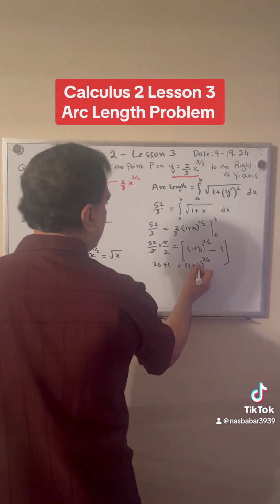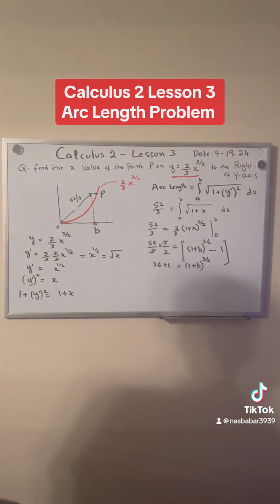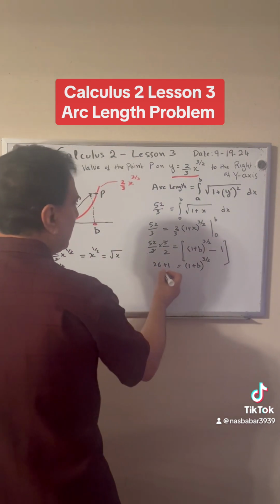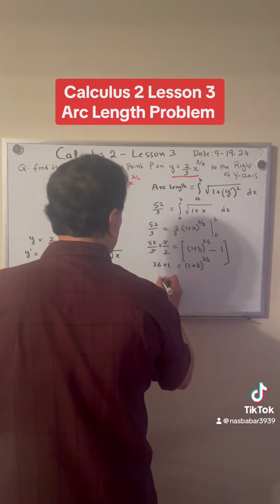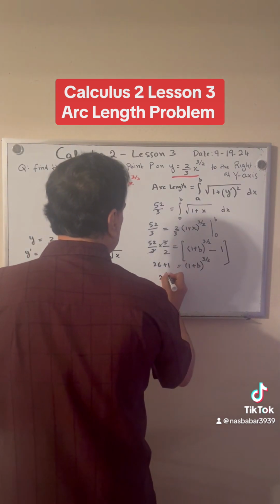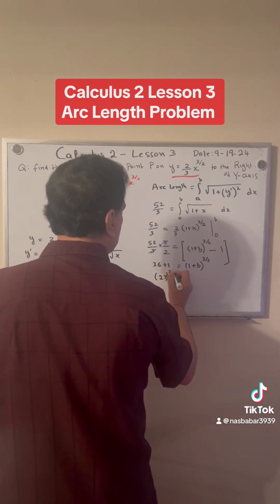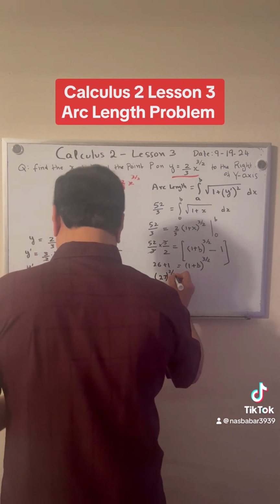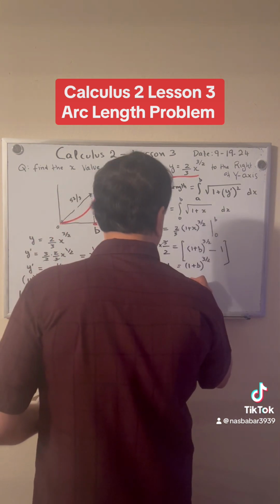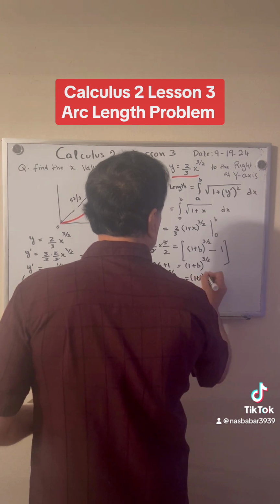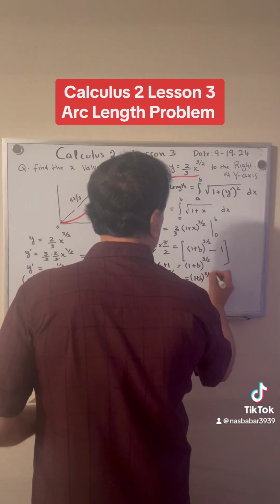We are trying to find the value of b. Okay. So can I do this? 26 plus 1 is 27, right? So if I do 27 and I raise both sides to the power 2 over 3, it is equal to 1 plus b to the 3 over 2 times 2 over 3.